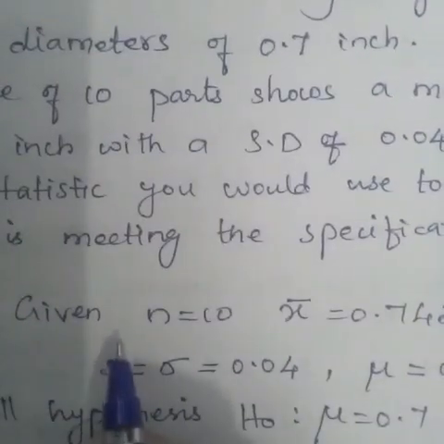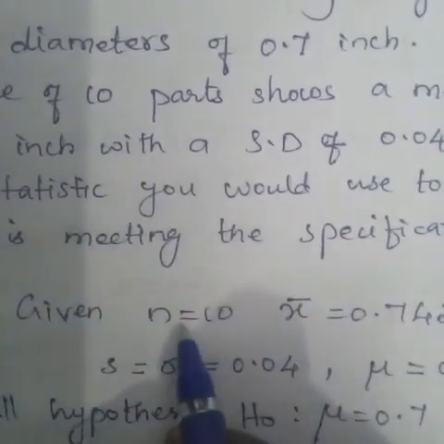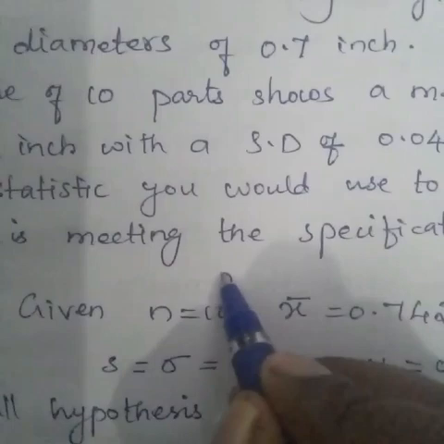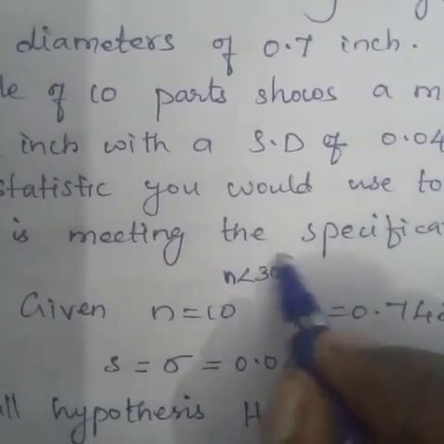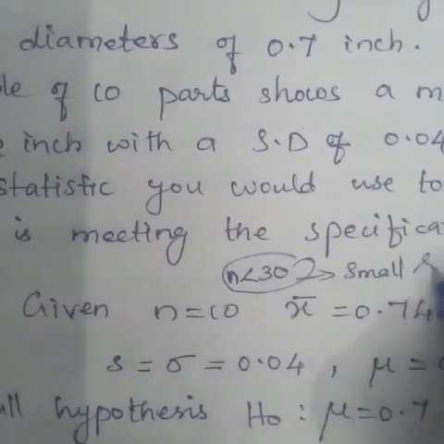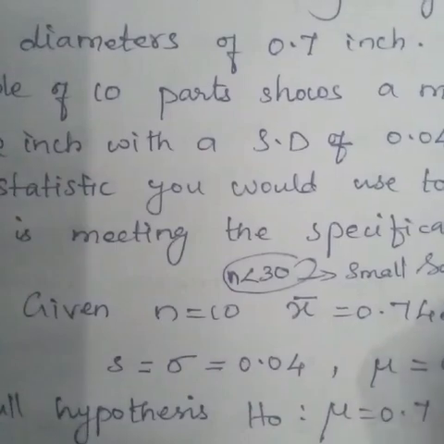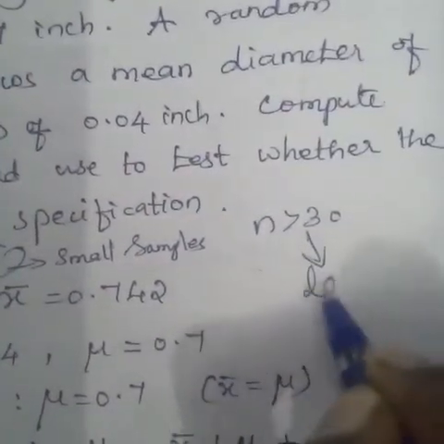Solution: given n is equal to 10, that means sample size n is 10. We have already seen that n less than 30 means small samples, and n greater than 30 means large samples.